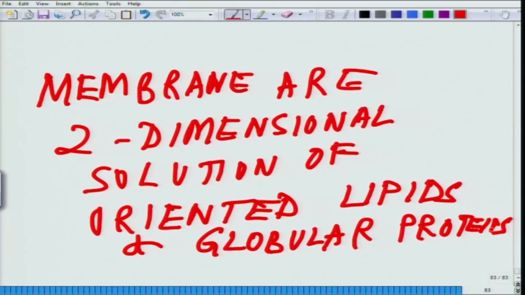So this is their central theme about the model, which consists of lipids like phospholipids and glycolipids, which act as a solvent to embed the proteins in them, and there is lateral diffusion, which we have already discussed.